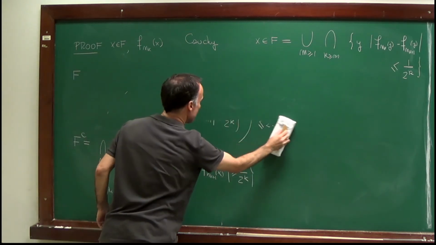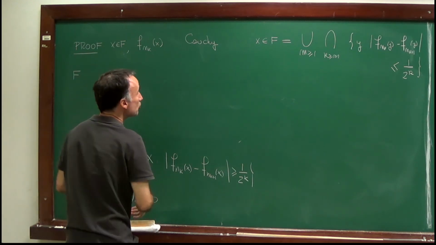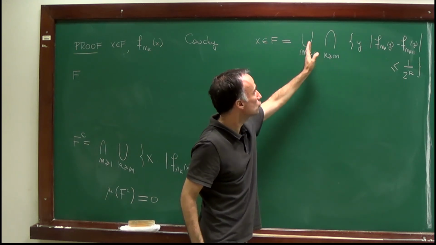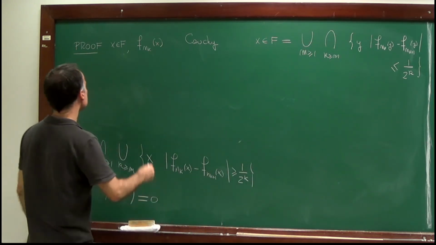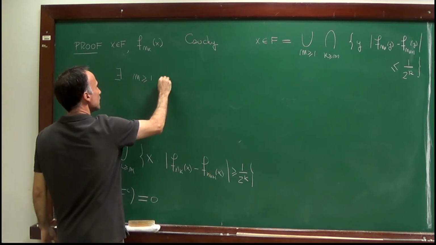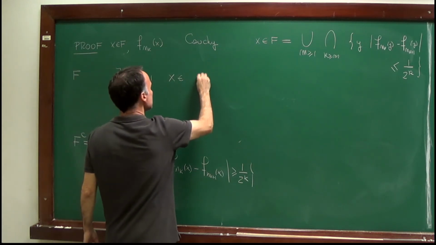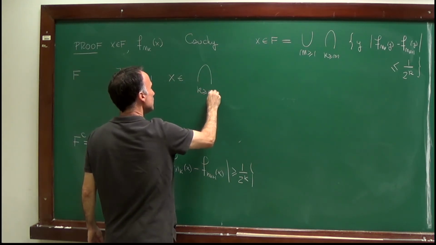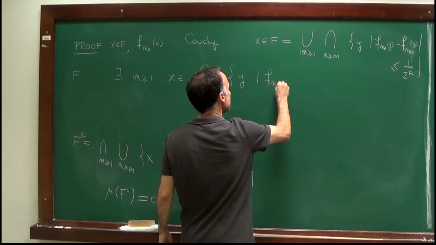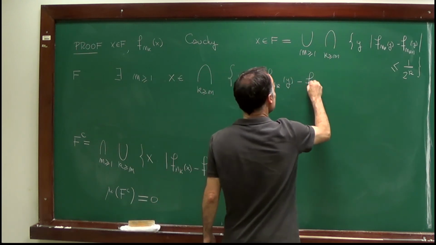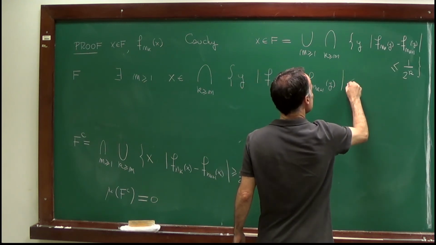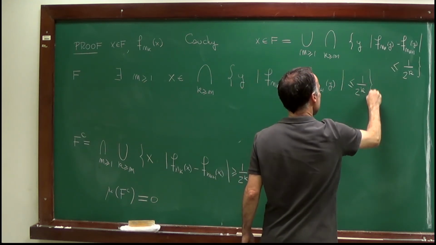Well, let's take a point x in this set. Since x belongs to this union, it must belong to some of these sets. So there exists some m such that x belongs to the intersection for k larger than m of the set of points y such that f_{n_k}(y) minus f_{n_{k+1}}(y) is smaller than 1 over 2^k.